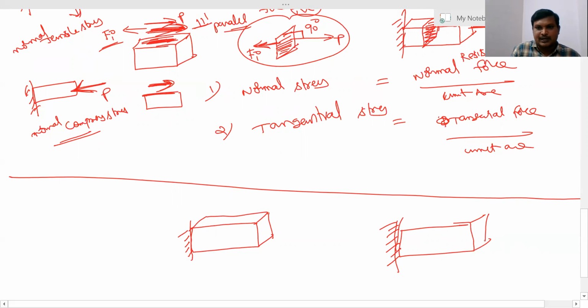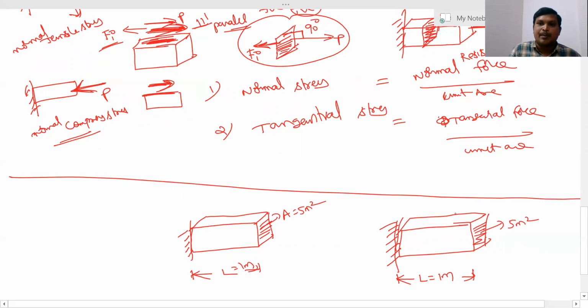I'm drawing them as 3D figures. Let us say the length L is 1 meter for this one, and this is also 1 meter. The cross section area A is 5 meters square, and this is also 5 meters square. So I'm taking two geometrically same members, which means all the dimensions are the same for both members.